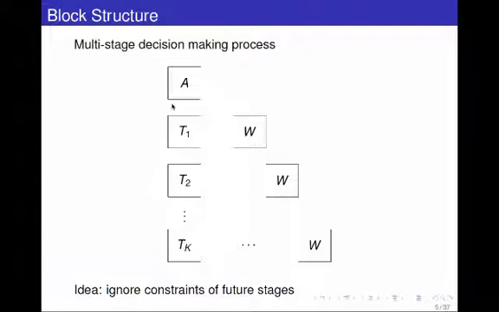The block over here, T1, is basically representing the constraint T1X plus WY1 equals H1. So I want a block to hit X, I put it here, and this is W for WY for scenario 1, so W shows up here, and so on.